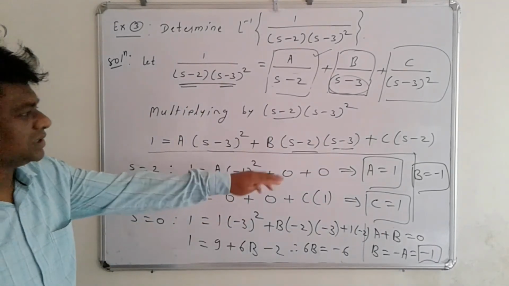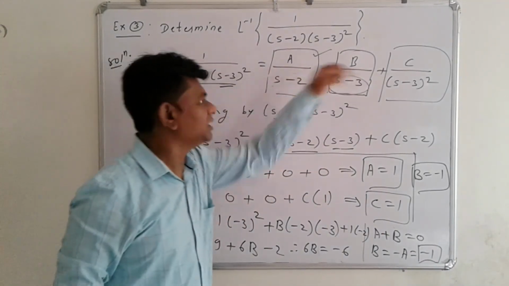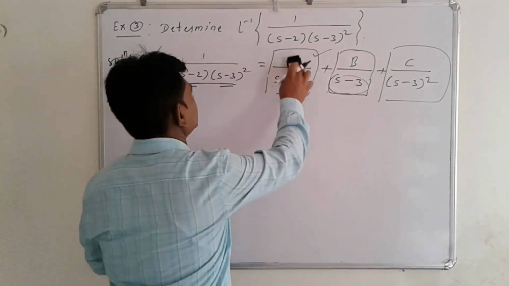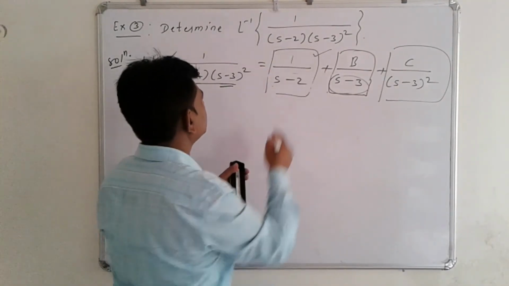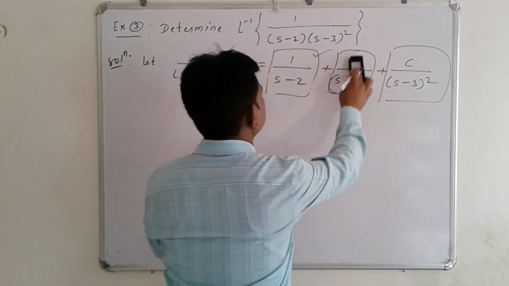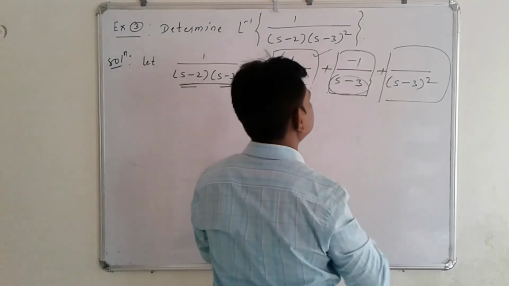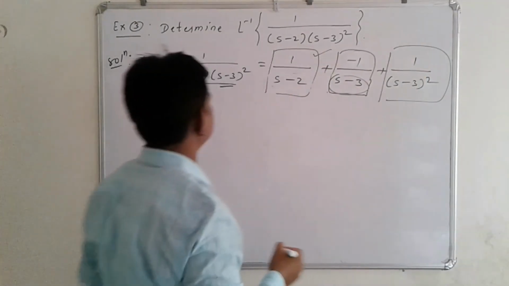Now by substituting A, B, C in here, A is 1, B is minus 1, and C is 1.